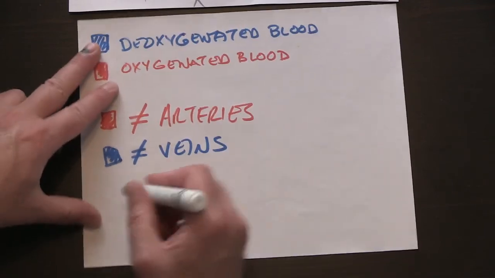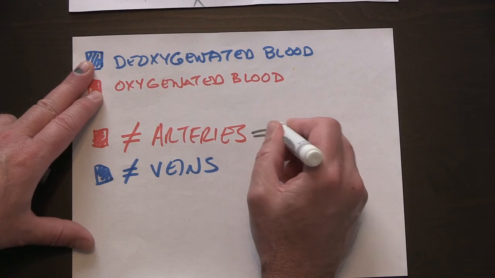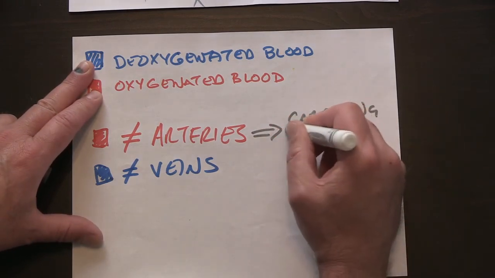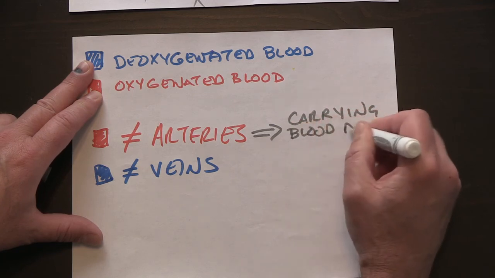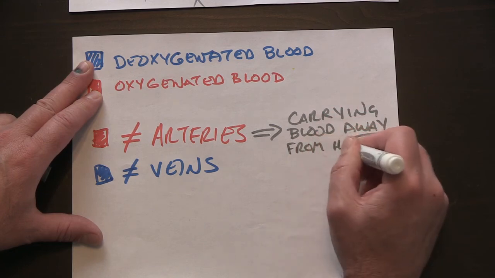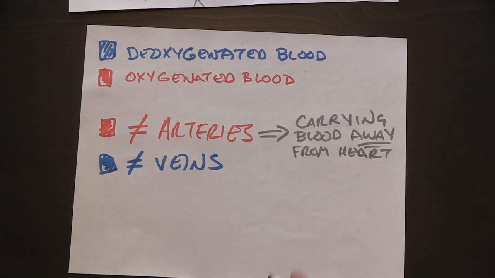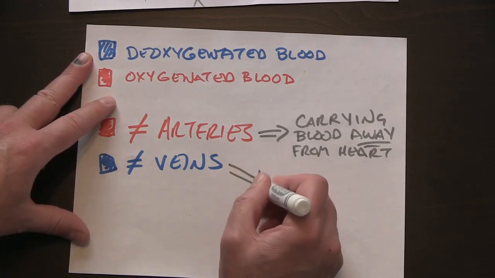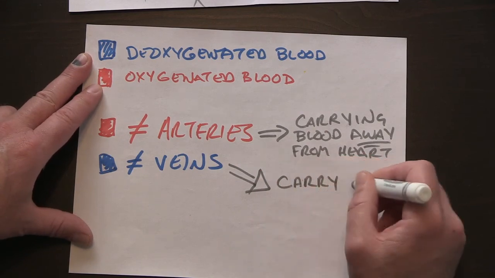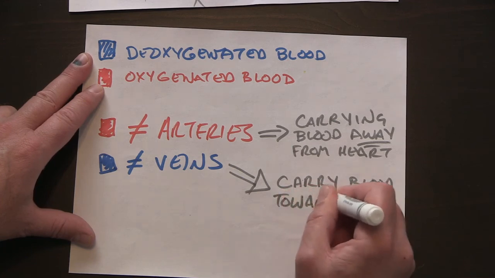So arteries are carrying blood away from the heart, whether or not that blood is oxygenated or deoxygenated. If it's leaving the heart, they're known as arteries, and the veins carry blood toward the heart.